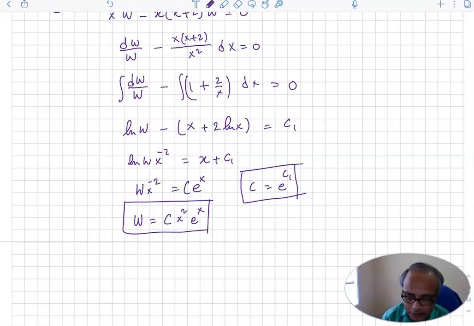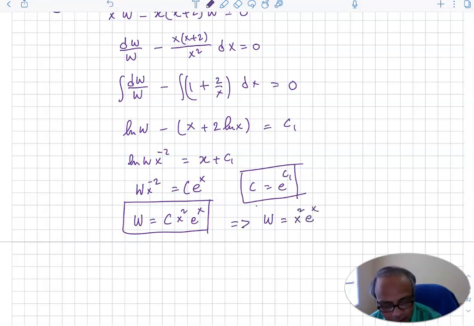Now you see that in the Wronskian you have a constant, and earlier when you calculated the Wronskian you didn't have a constant. This is a constant of integration, so it can be chosen as just one, and you can simplify it. The Wronskian W is x squared e to the power x, which is not that important.